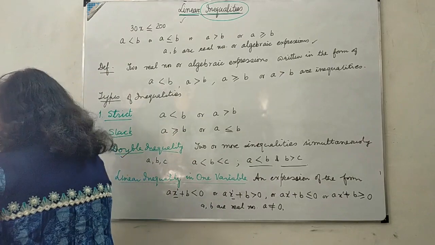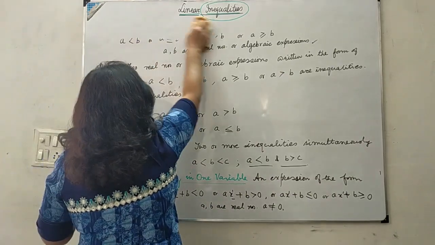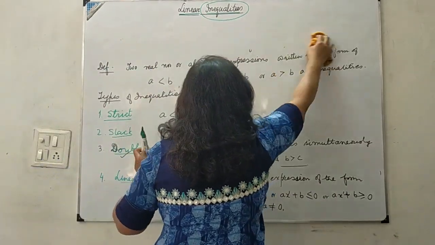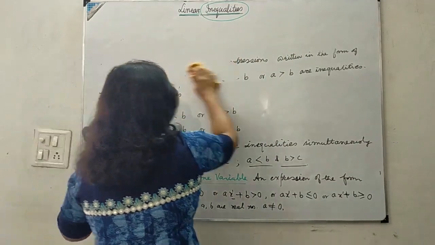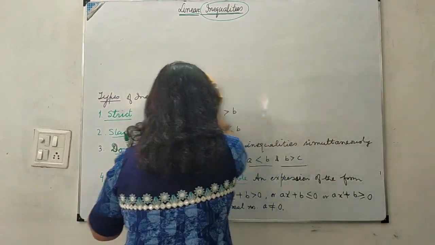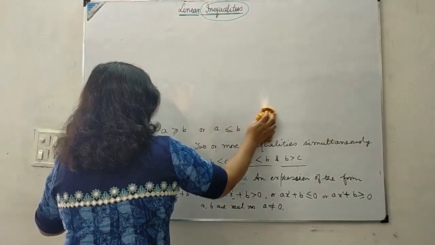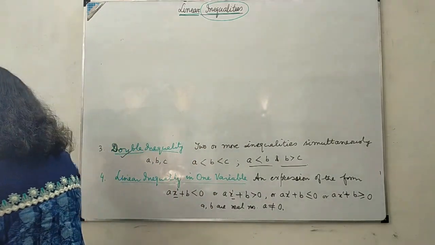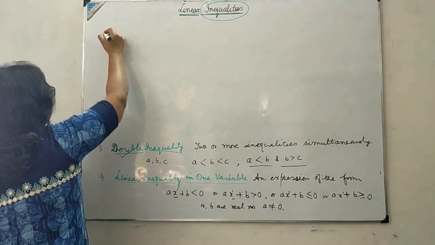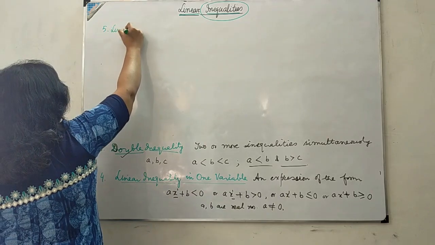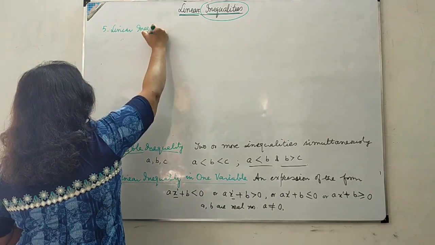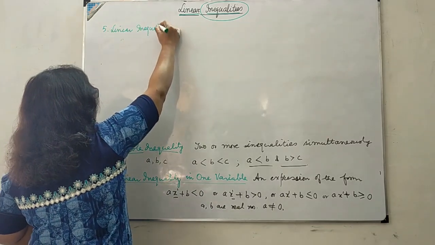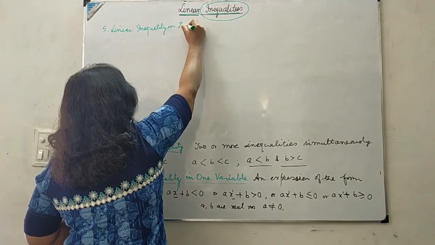So the fifth type is linear inequality in two variables.